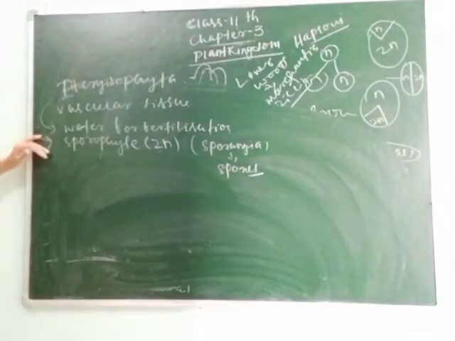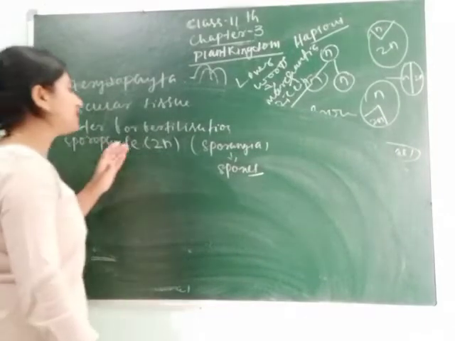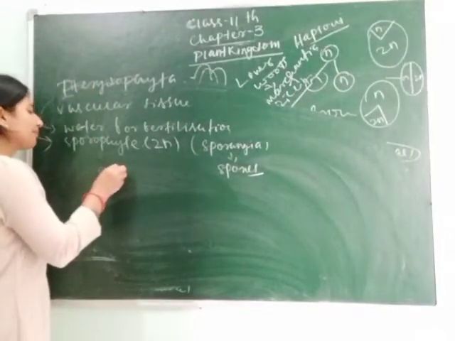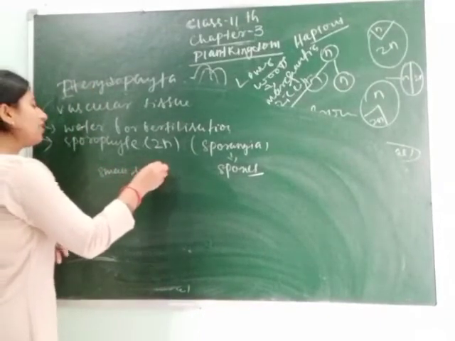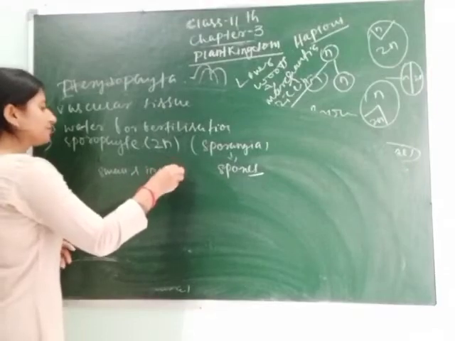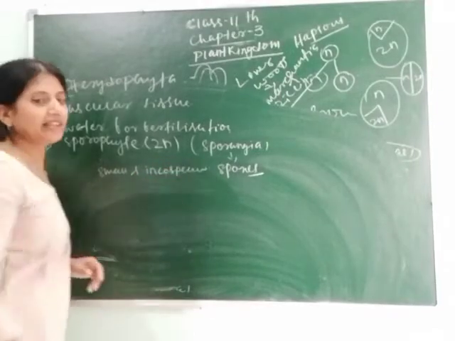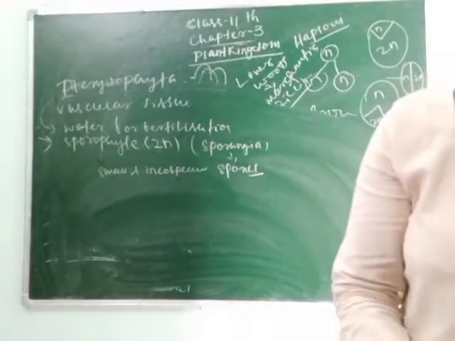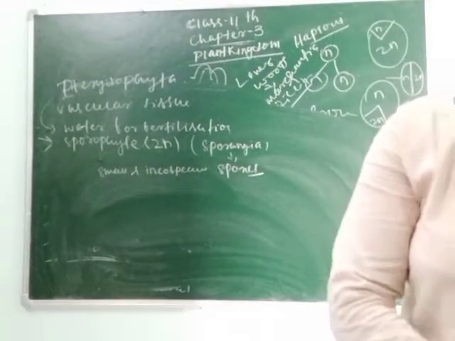Some of them reproduce sexually and some asexually. Clear students? The sporophytic phase is large, while the gametophytic phase is small and inconspicuous. Clear students?